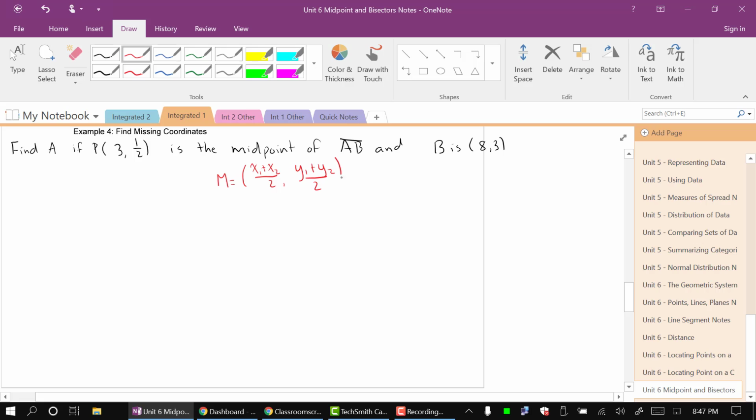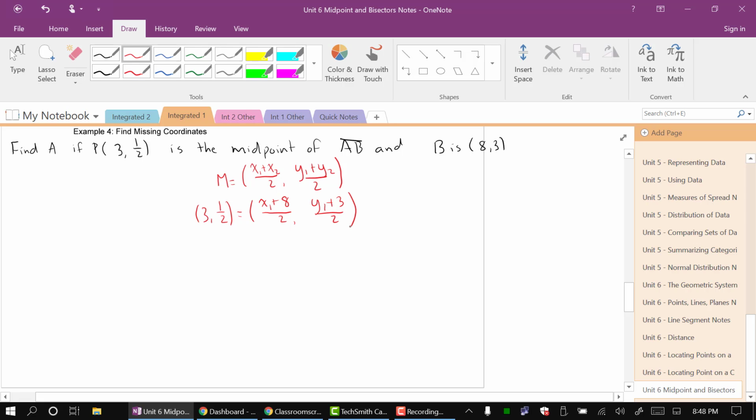So now let's plug in the numbers that we have. So this is going to be 3, 1/2 equals x1 plus 8 divided by 2, y1 plus 3 divided by 2.